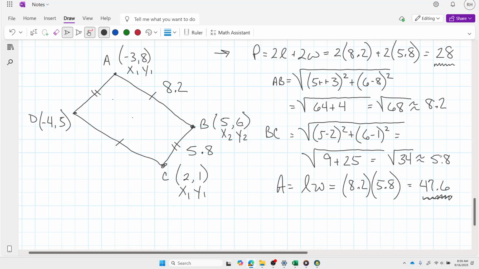So there's your area, and there's your perimeter of a rectangle that is on the coordinate plane. Any questions there?